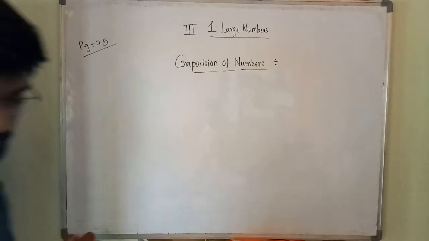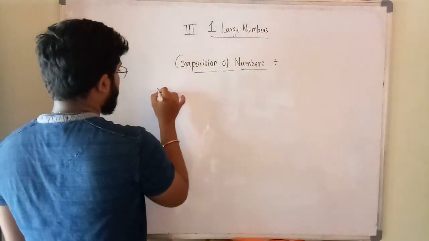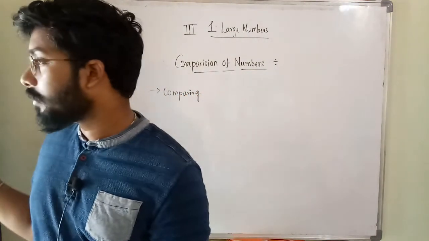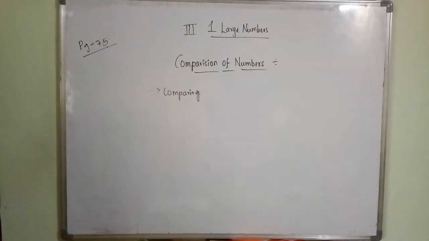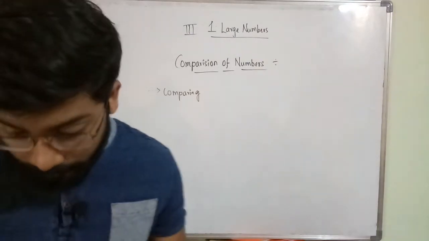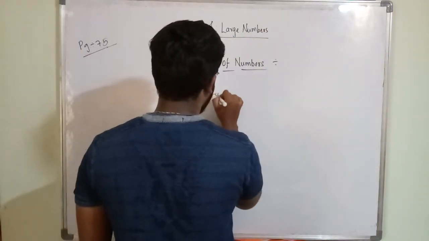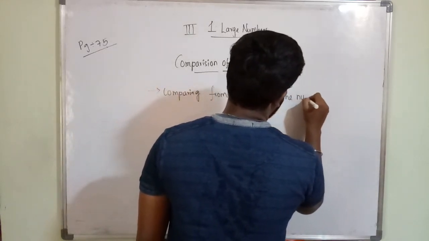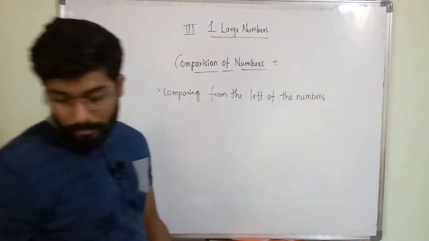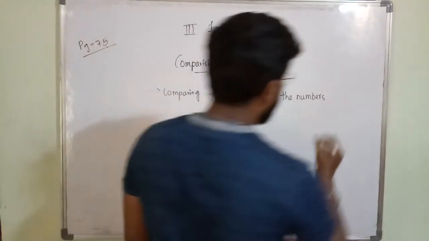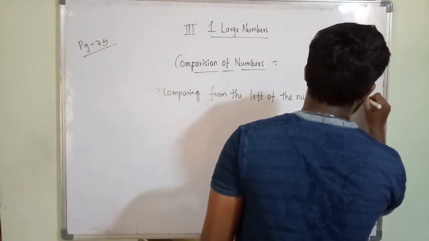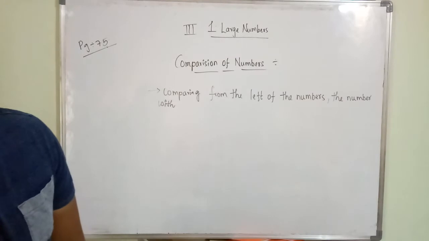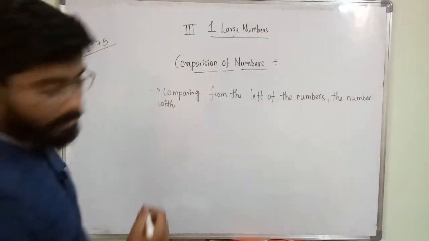So what is the next point? Comparing from the left of the numbers, the number with greater digit in the same place is the greater number.